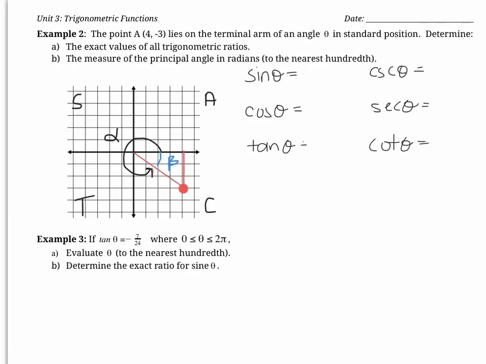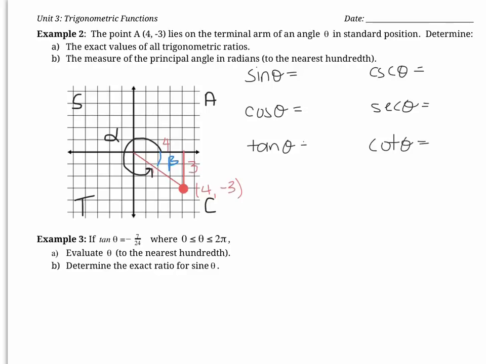So let's start with sine. We know sine is opposite over hypotenuse. This point is the point 4, negative 3. Do we know what the opposite side is and what the hypotenuse is? If this is the point 4, 3, that means this side length over here, we'll do it in red, is 4, and this side length here is 3.